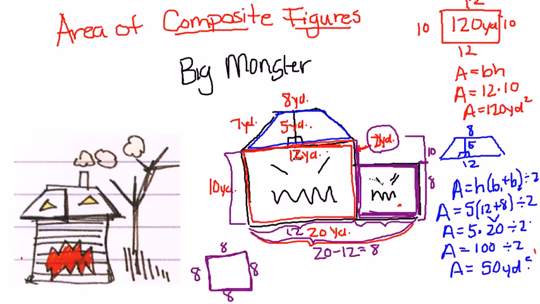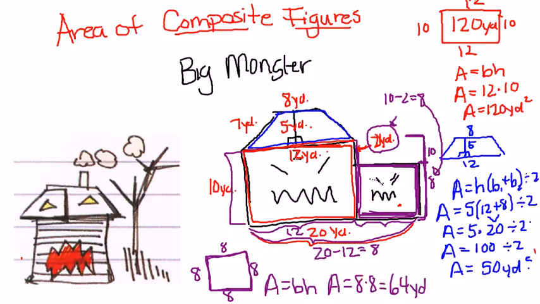I took the 10, which comes from the length of the big rectangle, and I took out the 2 that was given to us right here, and 10 minus 2 equals 8. So that length of the side is 8. That's where I got it. One more time. All right, so area equals base times height. Area equals, they're both the same, so 8 times 8. And that's going to be 64 yards squared.